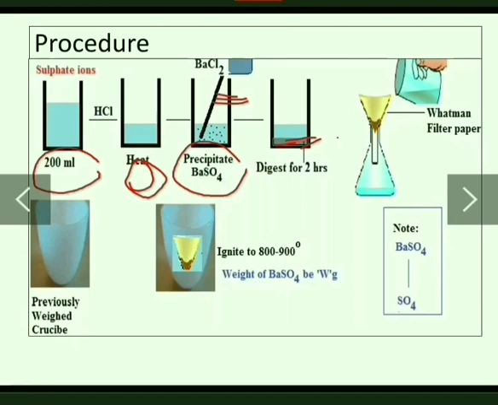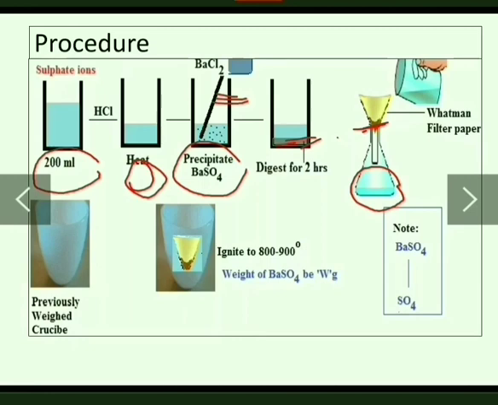We have to use a funnel and place a Whatman filter paper. This Whatman filter paper is special because it doesn't produce ash when it is burned. So you have to filter it. When you filter it, you get supernatant solution here without any precipitate, and the precipitate will remain in the filter paper. So you have barium sulfate in the filter paper.